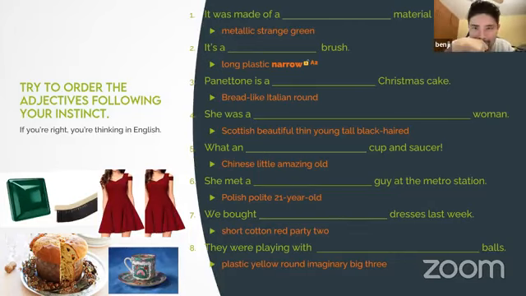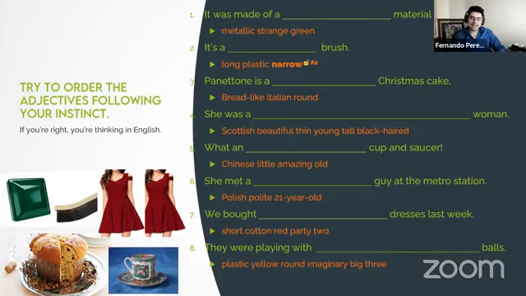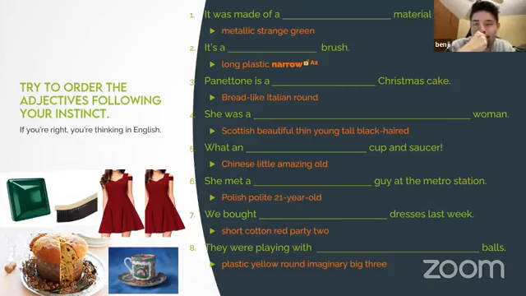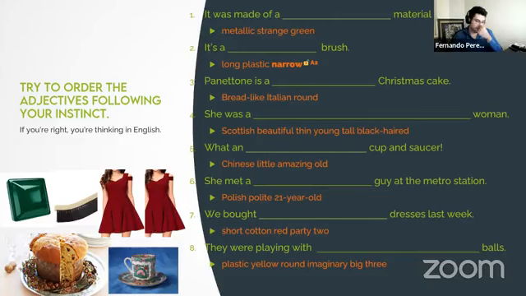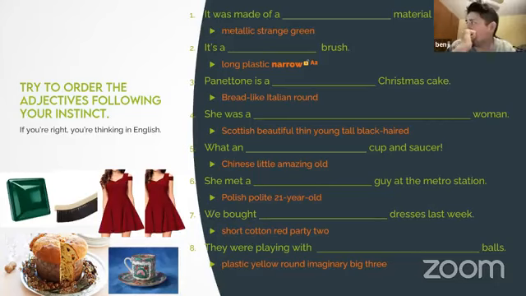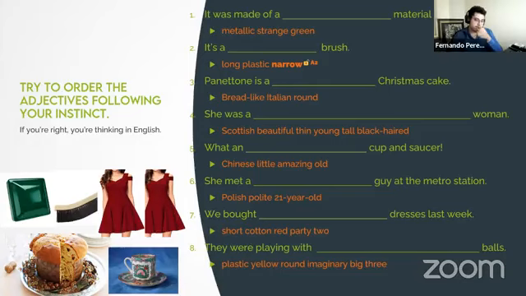Tall, for the category of size. Yes, correct. Young. We have another one, because before size we have tall, we have young. What about thin? In what category do you put thin?